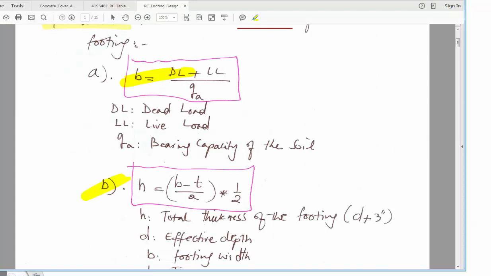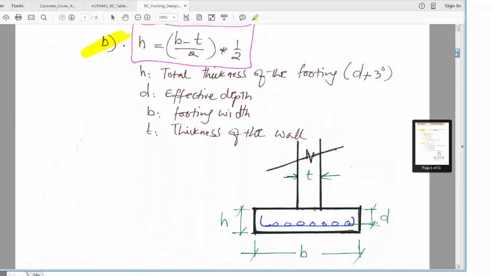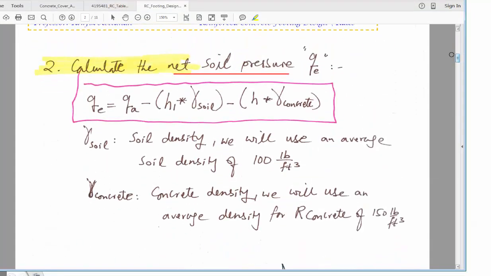So now we go to step number 2, and step number 2 is calculate the net soil pressure, and this is the equation for it. So net QE is equal to QA minus H. Okay.